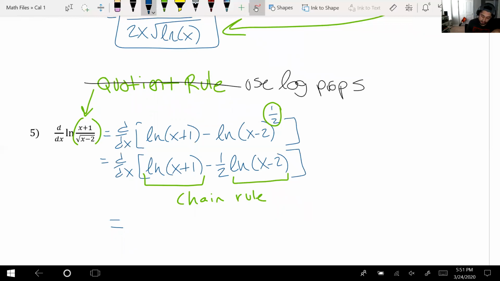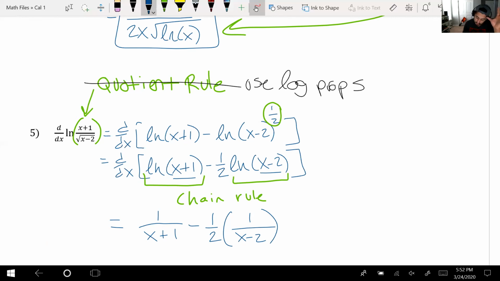So the derivative of x plus 1 is just 1 over the original inside of x plus 1 minus 1/2 times, again, chain rule. The derivative of x minus 2 is just 1 over the original inside of x minus 2.